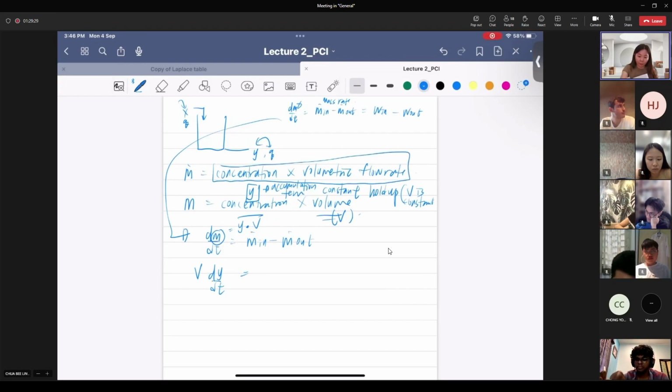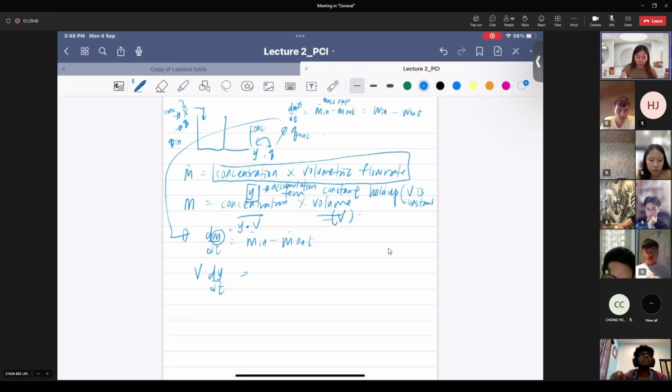So for entering, X is your concentration. This one is your volumetric flow rate. Let's say this is a Q in. Then Y is your concentration. This one is your Q out.